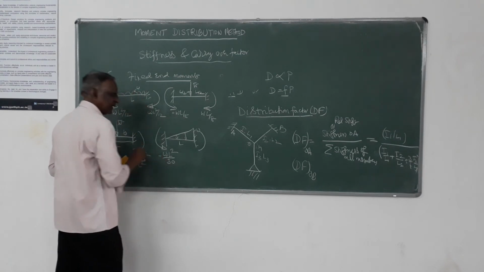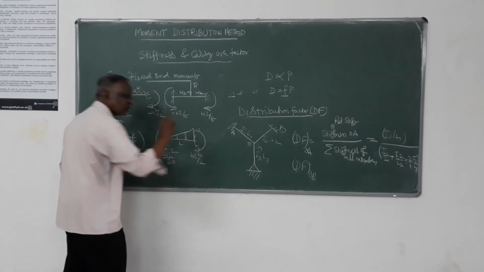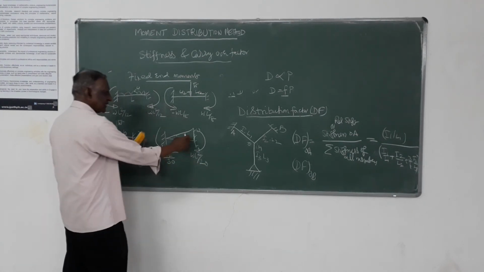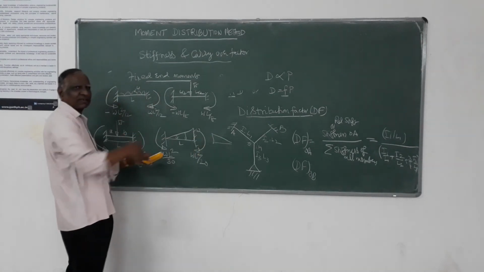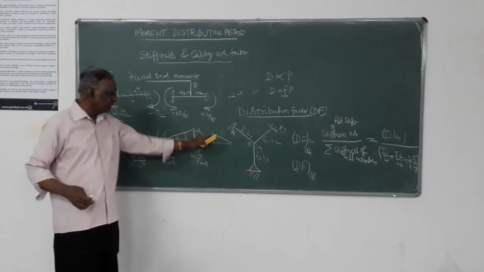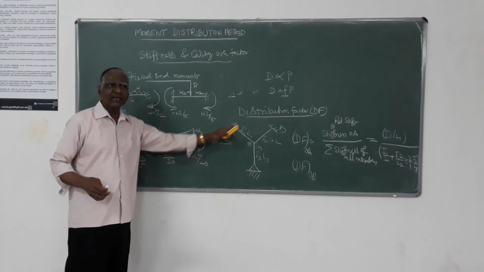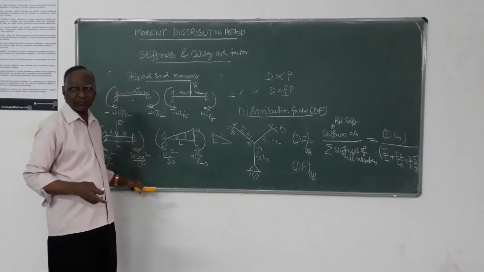Of course, it is minus, and this will be WL squared by 20. Suppose this varying load is like this, then it will be reversed. This side it will be WL squared by 20, but anti-clockwise. This side clockwise, WL squared by 30.